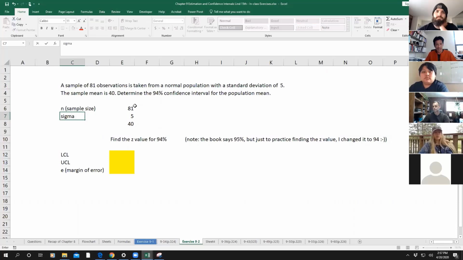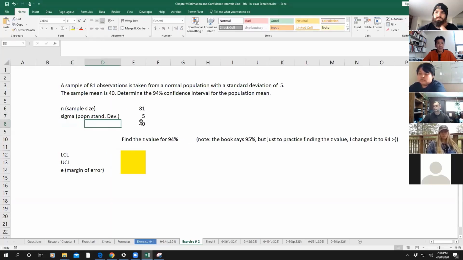I'm spelling it out because I can't put the symbol there, but you know what I mean, right? Sigma, this is the population standard deviation. Good. What is 40? Would that be X bar? Uh-huh. That's the sample mean, correct.